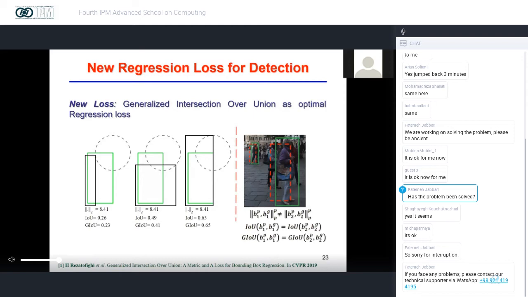Just to clarify, the idea is super simple, in the paper we published at CVPR, which is a very popular paper.